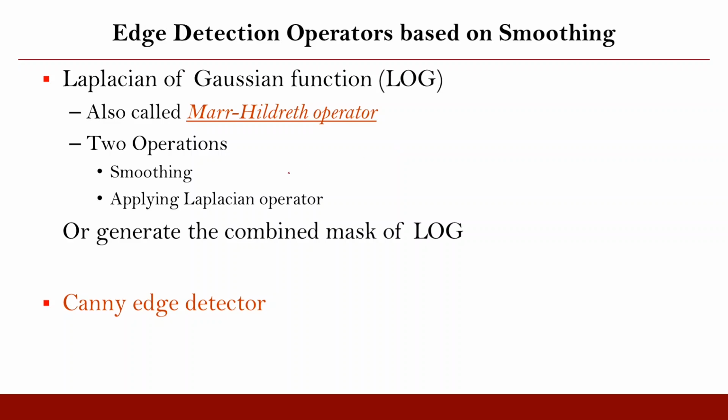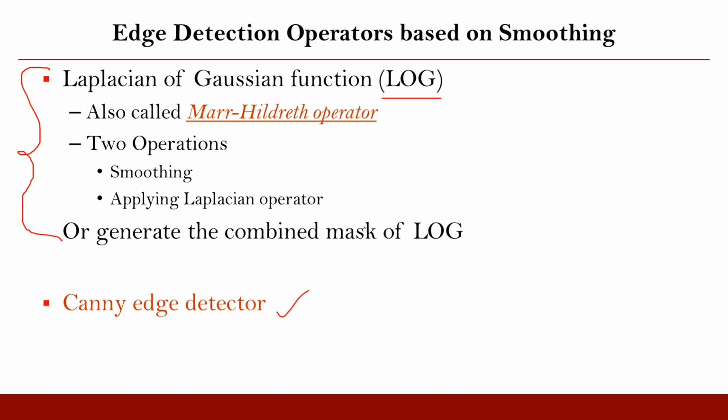Those operators we will see in today's class. We will try to see quickly the LoG operator, and later in the next class we will see the Canny edge detector, which again uses the Gaussian filtering and first order and second order derivative computation.